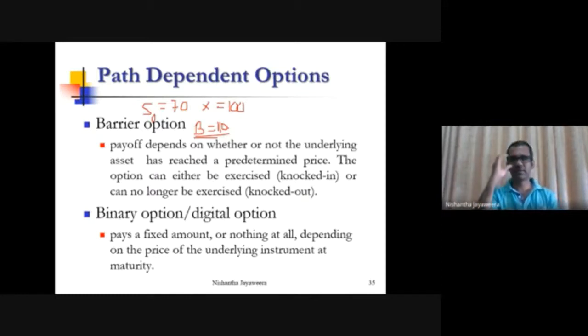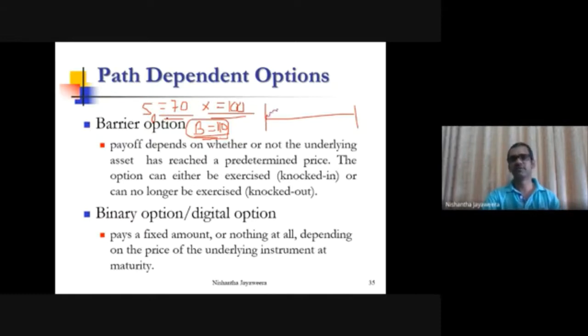For example, assume a call option. You entered into the call option when the spot price is 70, with a strike of 100. But to make this call option effective on the expiry date, the underlying asset should have traded on or above 110 at least one time during the time period.